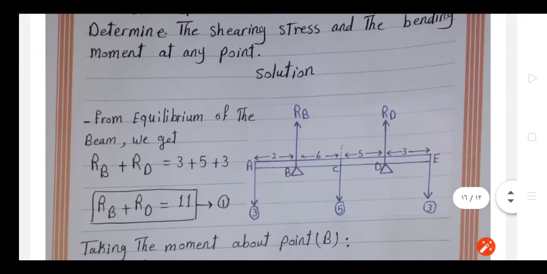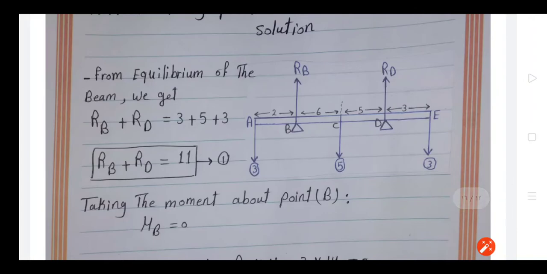Now we have the beam, let's call it A E. We have two supporting points, one at distance 2 from its end, and the other at distance 3 from the other end.